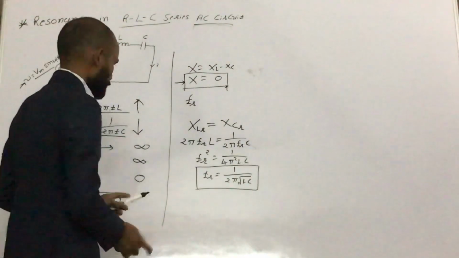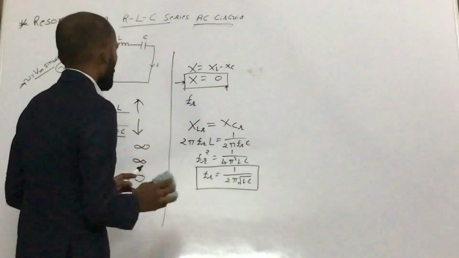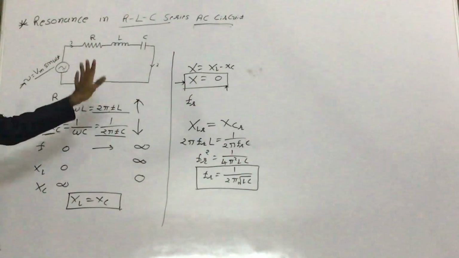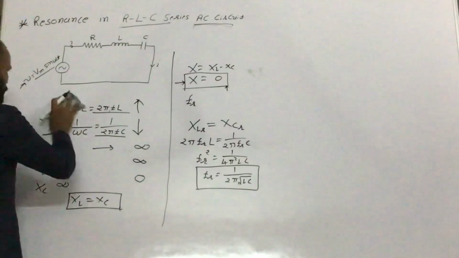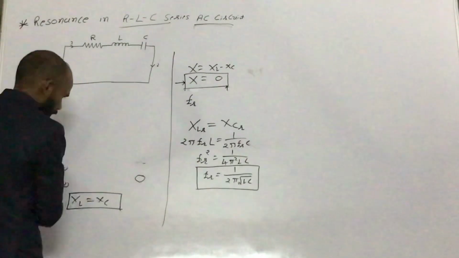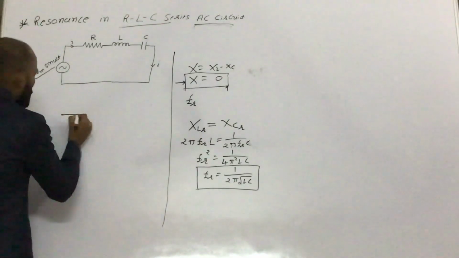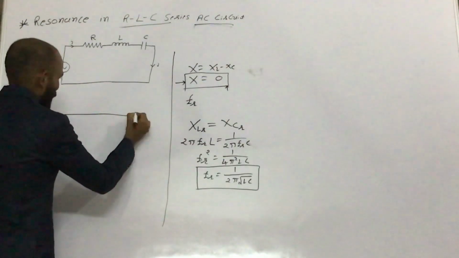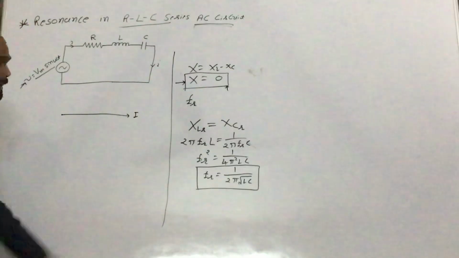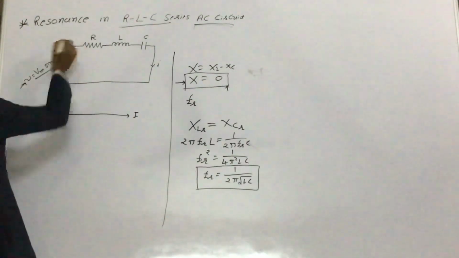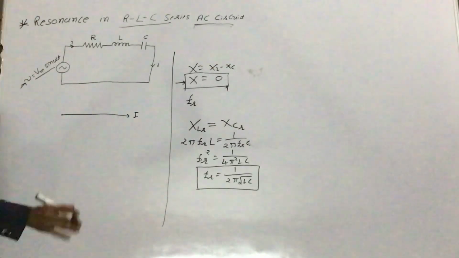Now we draw the phasor diagram of the RLC series circuit at resonance condition. So first we take current as a reference. If we take current flowing through the circuit I as a reference, this small I represents the instantaneous value of the current.